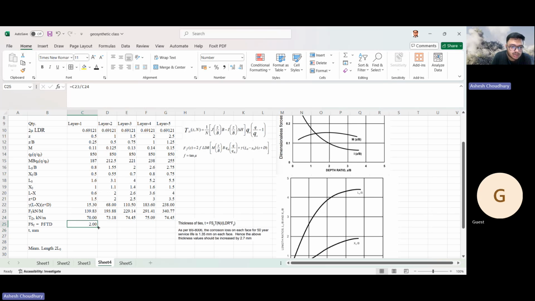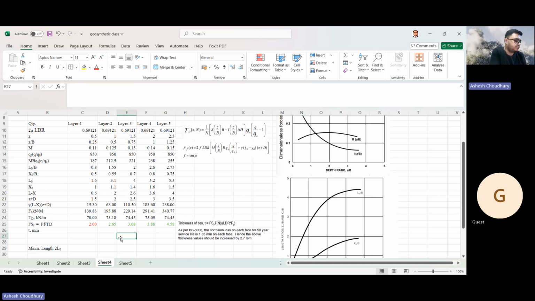So we're seeing that for this one it's fine. This is fine, but for this one, I'm not getting the proper value.